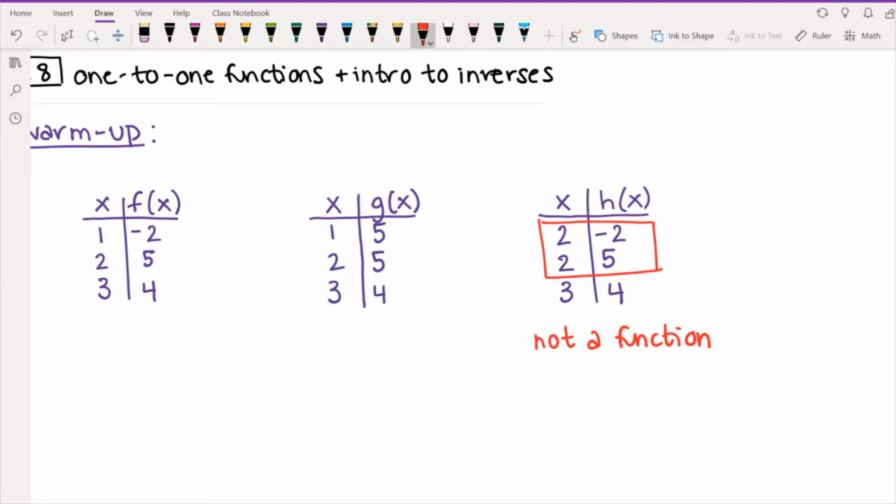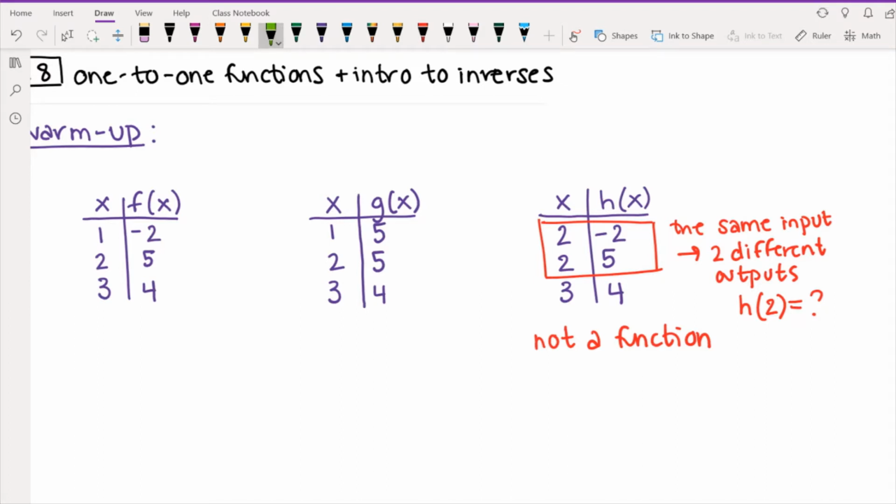So we have the same input, and that same input is being sent to two different outputs. And so the issue is, if you were trying to evaluate, well, it's not a function, but this table, we're calling it h of x. If you tried to evaluate h of 2, it would be unclear what your answer is. So that one is not a function.